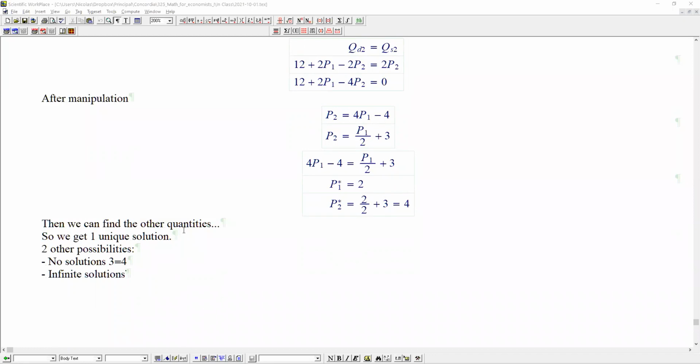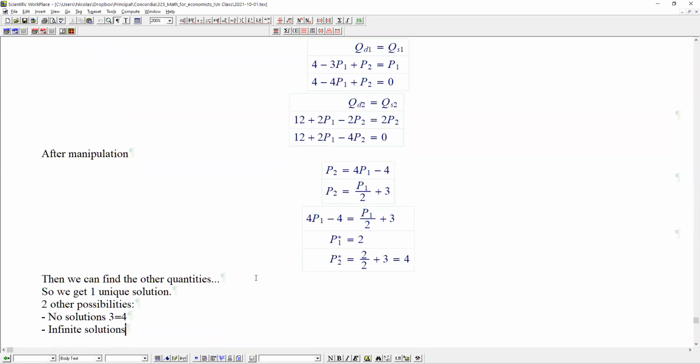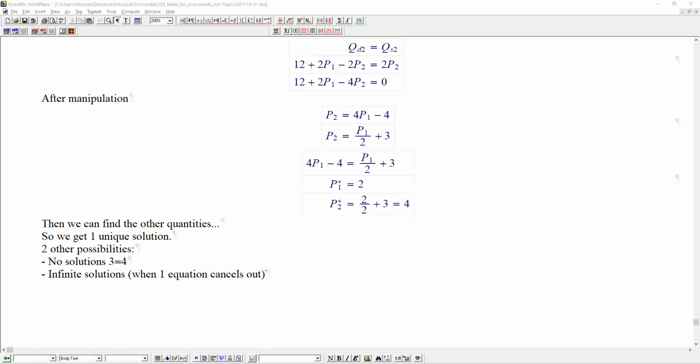Or maybe I could show you graphically what this would look like, but did I already do that? Yeah, I don't think I already did that.